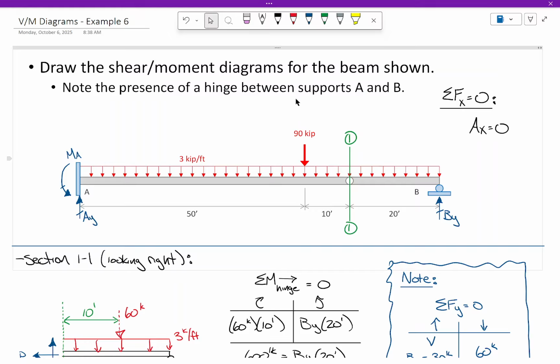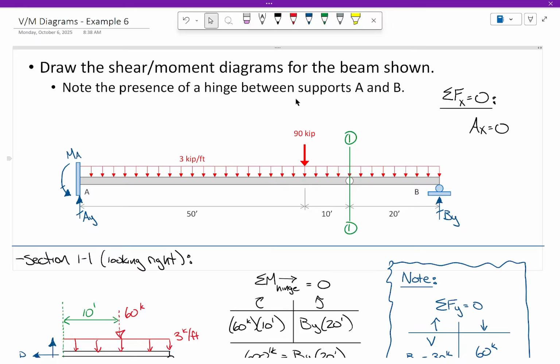Is there any strategy here? Do we have to do one before the other? Not really. The only other thing I might look at on the structure as a whole is I've got this really, really big distributed load. It's 3 kips per foot over a distance of, how long is the beam? 50 plus 10 is 60 plus 20 is 80. 3 kips per foot over a distance of 80 feet.